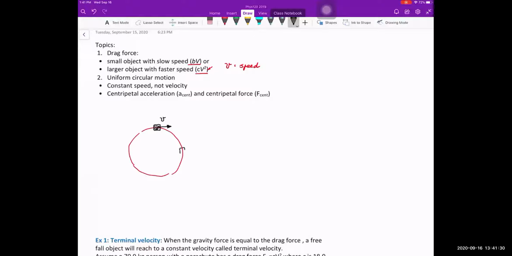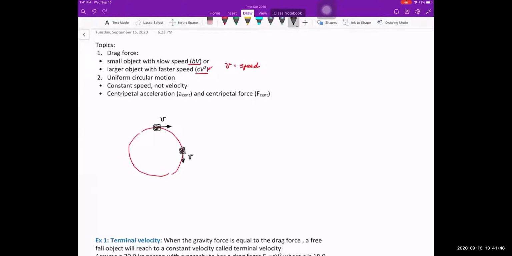When you move to the right-hand side, you are going to have the same length to represent the speed, while the speed is still the same. However, the arrow points differently to represent the direction.